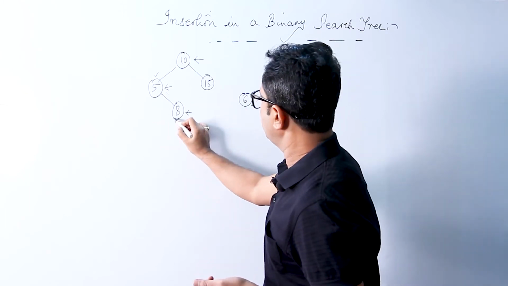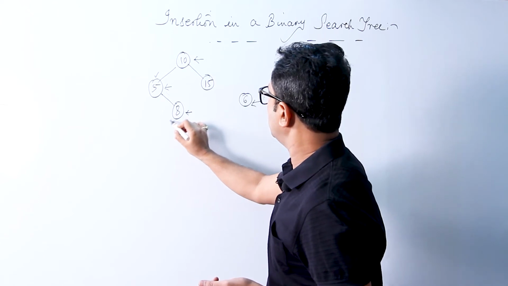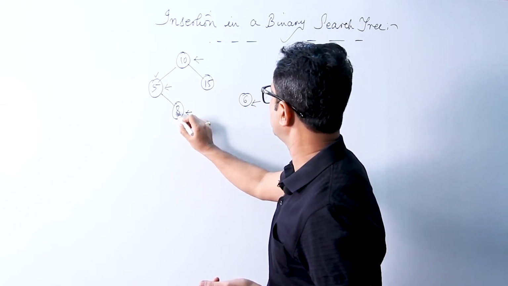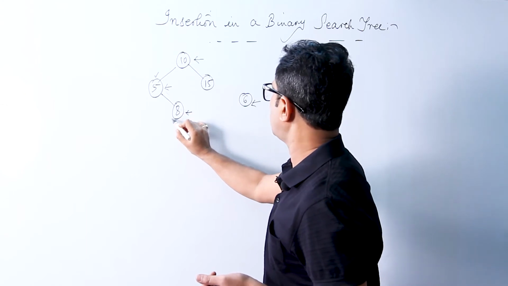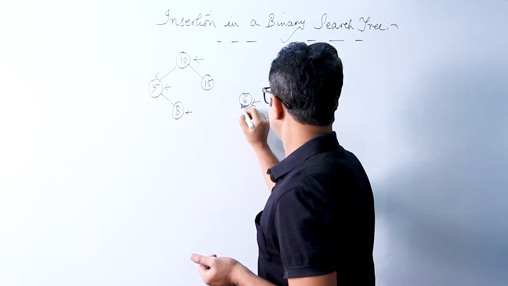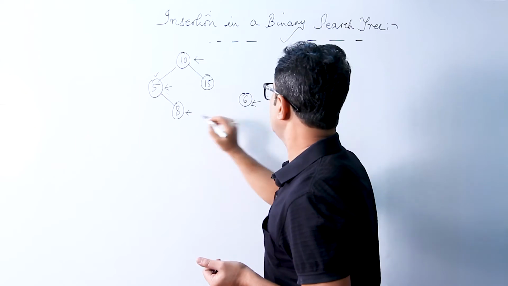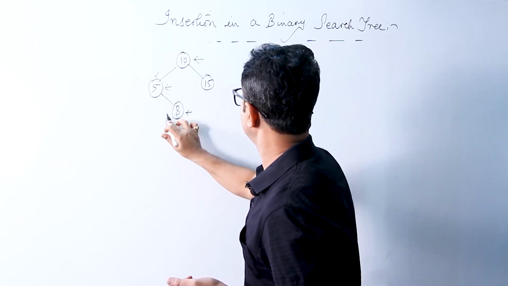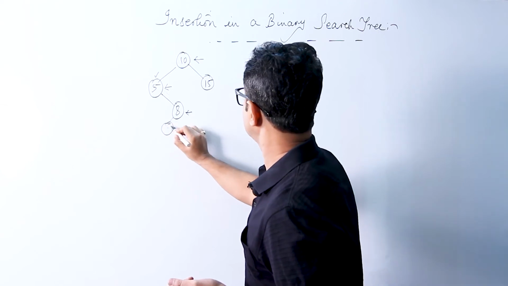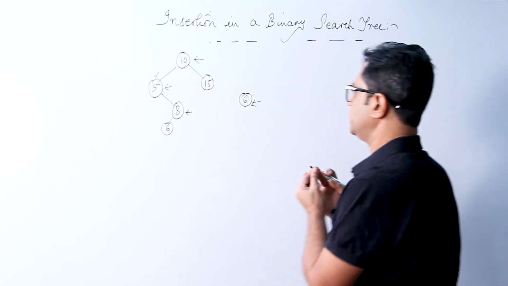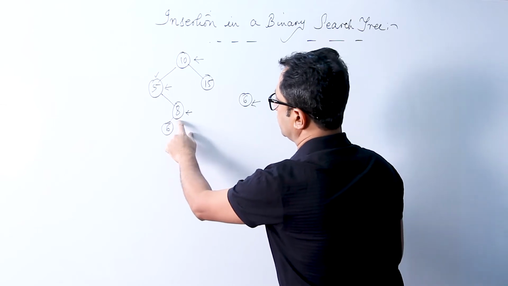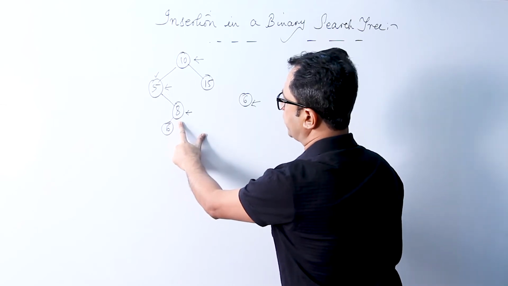If we find that the left subtree is null, that is, the left pointer of this node points to null, then we just insert the node in the left subtree like this. So 6 is to be inserted in the left subtree of the node containing the value 8.